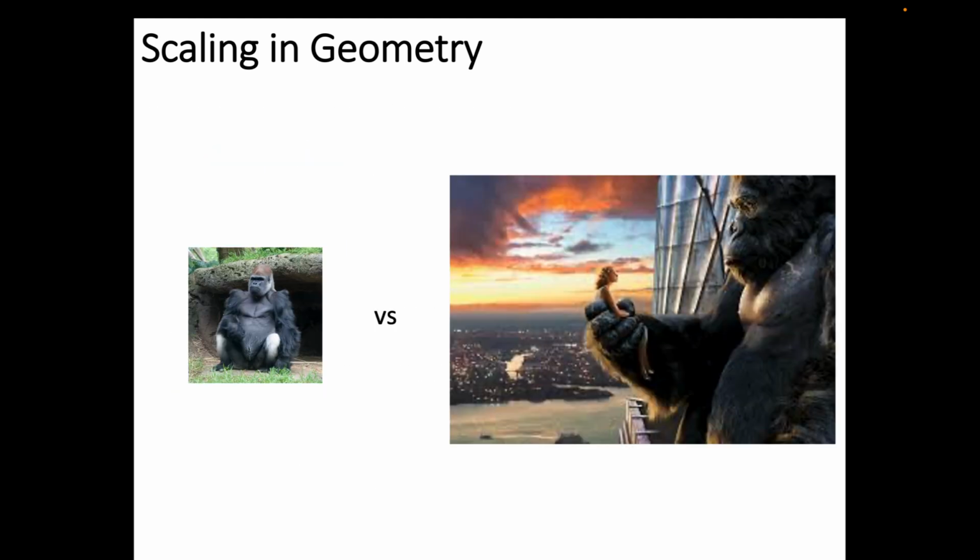As we saw in the movie, it's linearly scaled up, and if such a giant existed, it may not even withstand its own weight. The leg itself is going to break, or the leg has to be made of a very special material.